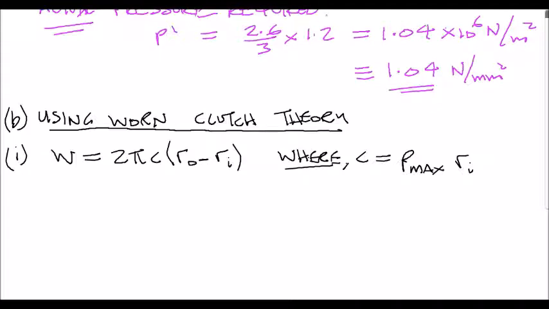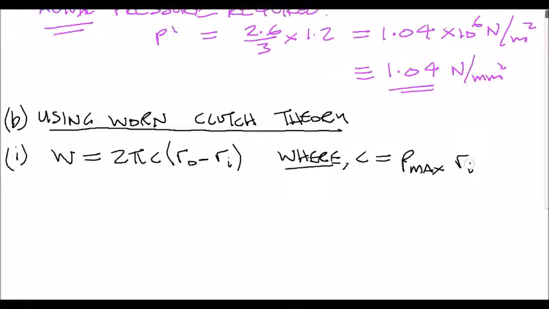So don't forget the underpinning assumptions for the worn clutch theory. We assume that the wear is constant across the entire surface, and the wear is deemed to be proportional to the pressure times the radius.